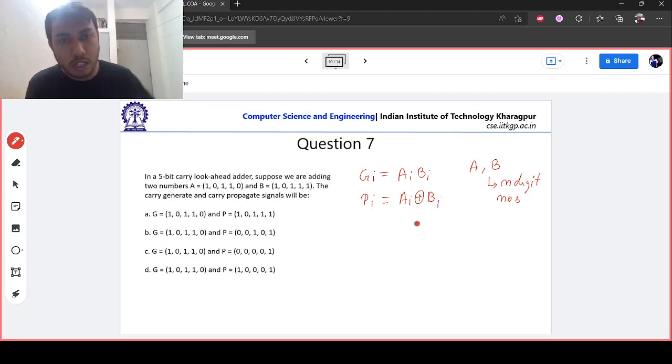Right. So in this case, it has been told, what will be the carry generate and carry propagate signal for A and B? So it is quite simple.